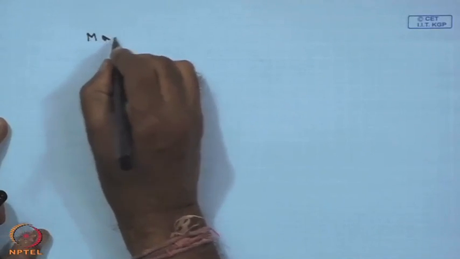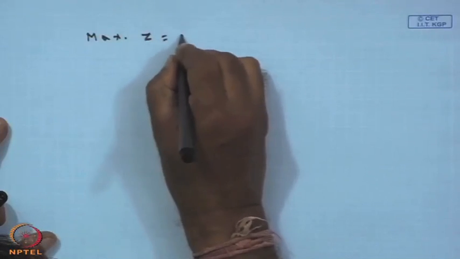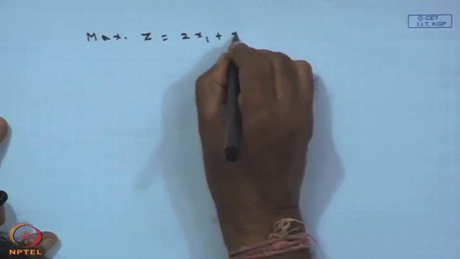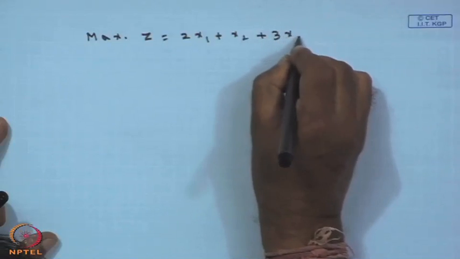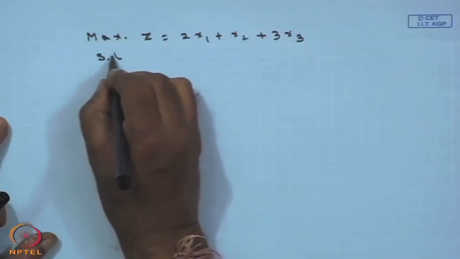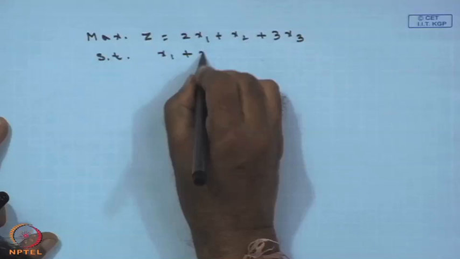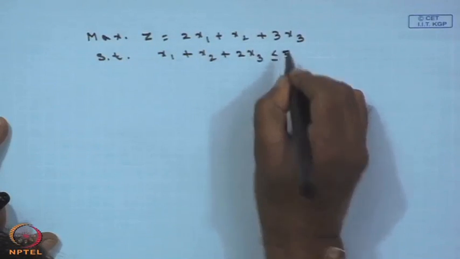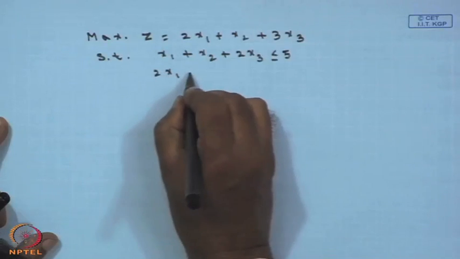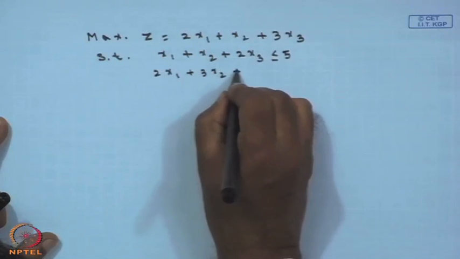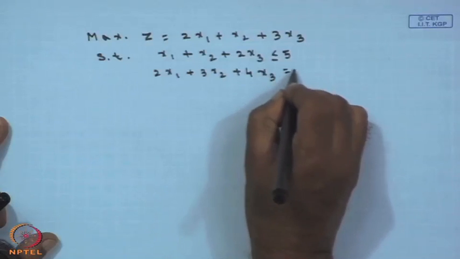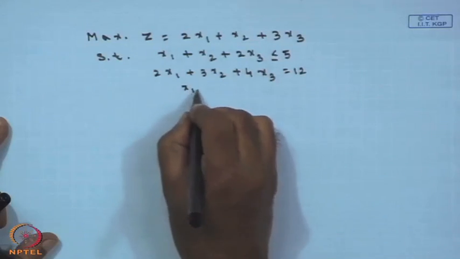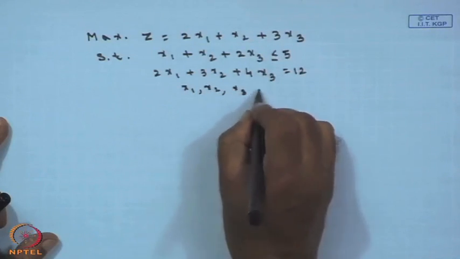We have not done that part using equality constraints. Let us consider a problem, maximize z equals 2 x 1 plus x 2 plus 3 x 3, subject to x 1 plus x 2 plus 2 x 3 less than or equal to 5, and 2 x 1 plus 3 x 2 plus 4 x 3 equals 12, and x 1, x 2, x 3 are greater than or equal to 0.